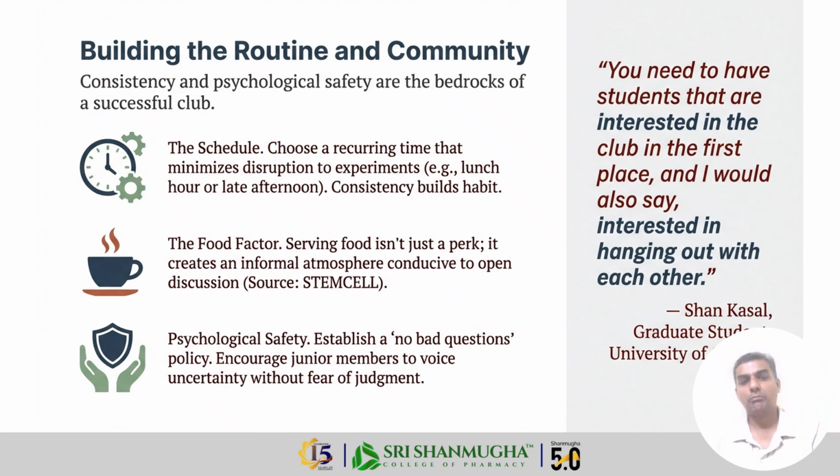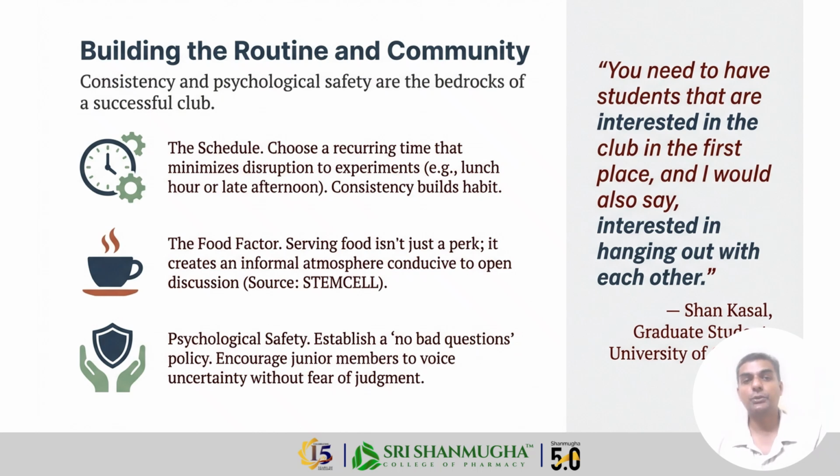In building the routine and the community, we will learn that consistency and psychological safety are the bedrocks of a successful journal club. A successful journal club depends as much on people as it does on papers. Consistency is essential.